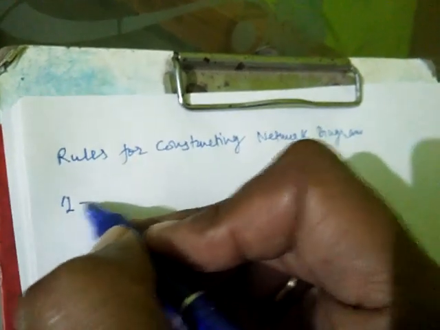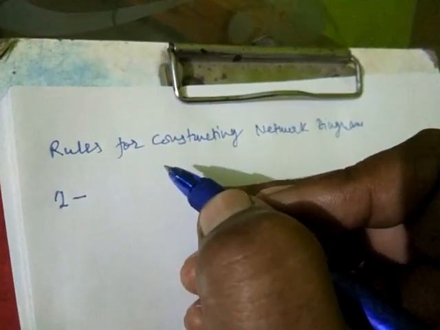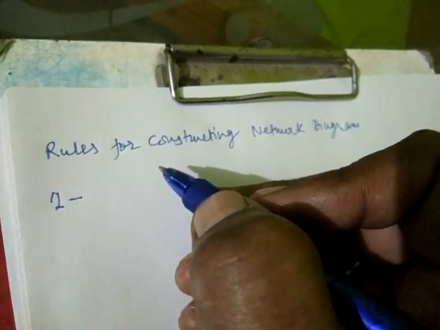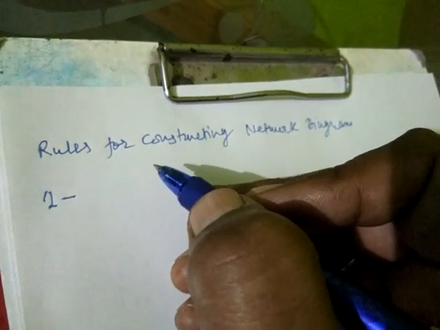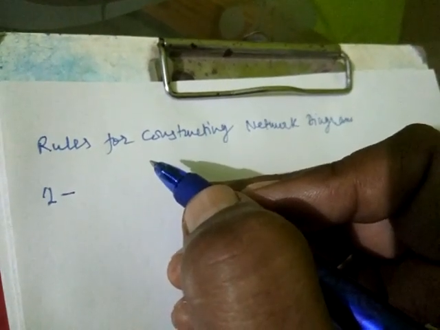First, each activity is represented by one and only one arrow in the network.